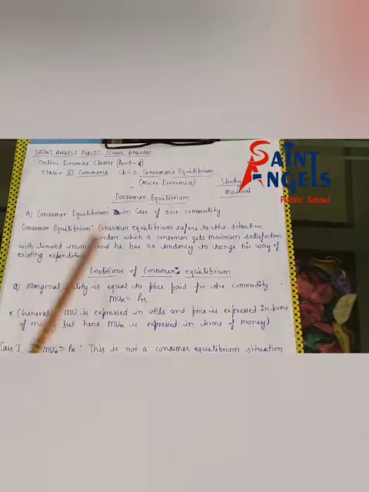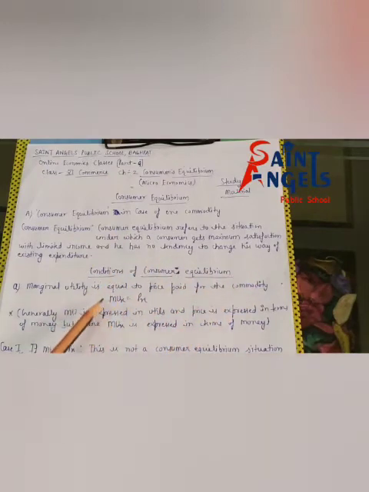Then after that you will write two conditions of consumer's equilibrium. First is marginal utility is equal to price paid for the commodity. It means that marginal utility must be equal to price paid for the commodity.